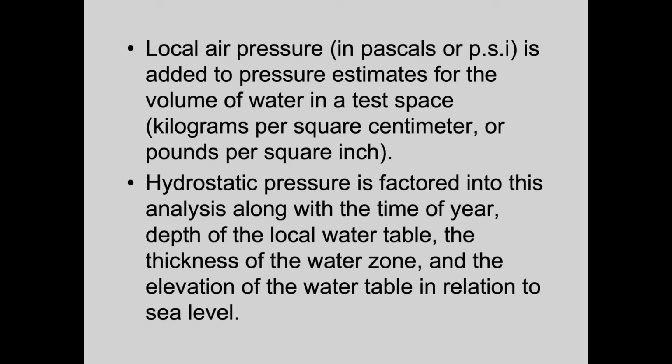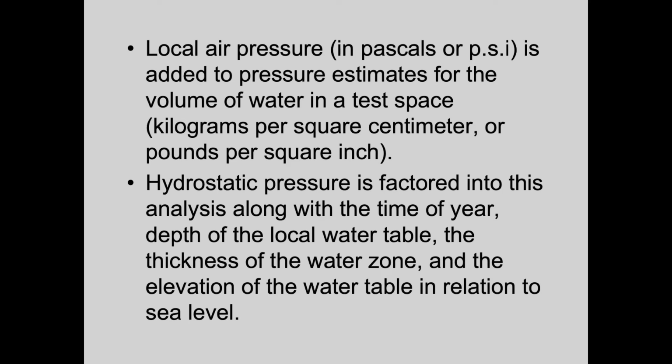So as you are taking into consideration what's happening below ground, and incorporating local air pressures, you have to look at them in terms of when you are collecting your data, or the period of time at which you are collecting data.